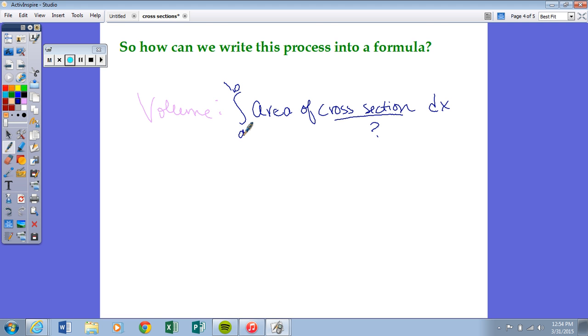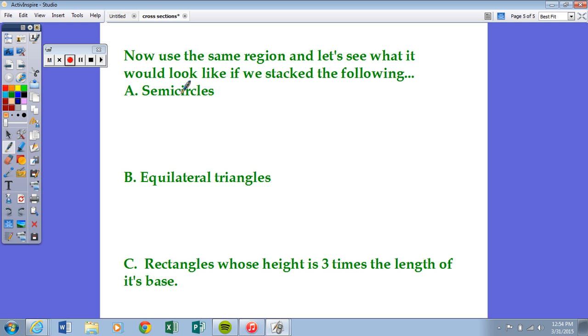Before we do examples or more examples, I'd first want to help you with some shortcuts, okay? These are some popular things that show up, and we already looked at a square in class today, but what if we were looking at semicircles being stacked on a region? There's a formula for the area of a semicircle, and we could put it into our integrand and simplify, but in the end, we will get a special formula for this and a special coefficient.